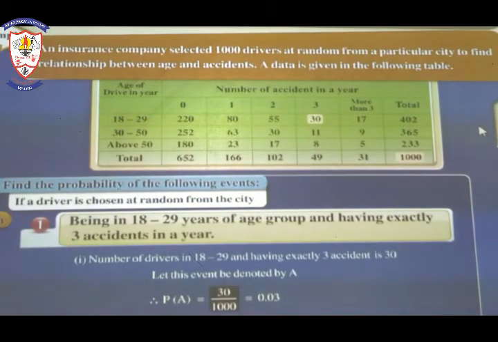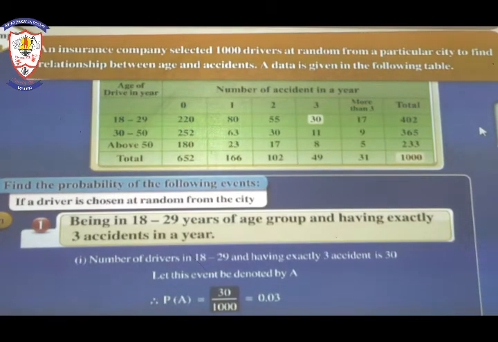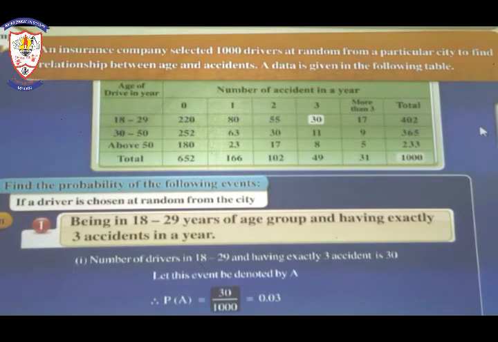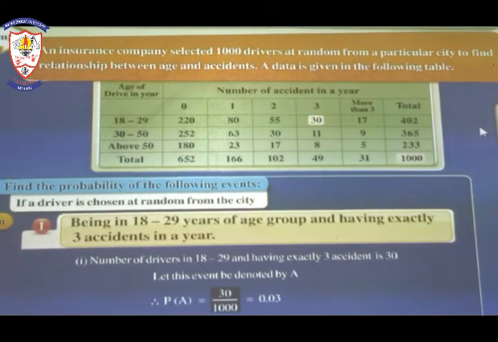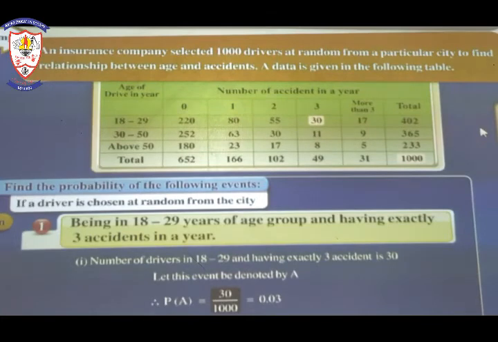So the number of drivers in 18 to 29 having exactly 3 accidents is 30, as given in the table. Let this event be denoted by A. Therefore, the probability of event A is equal to 30 by 1000, which is equal to 0.03.